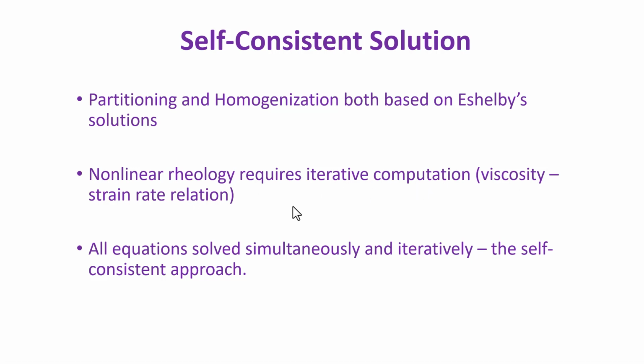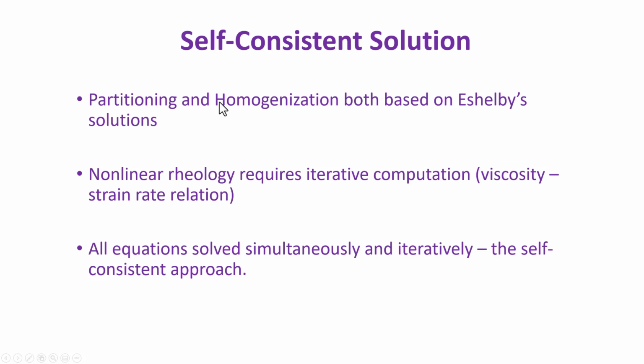The reason is actually simple, because to solve the partitioning equations, we need to know the stiffness of the effective material, whereas the stiffness of the effective material cannot be determined until the partition fields are solved.